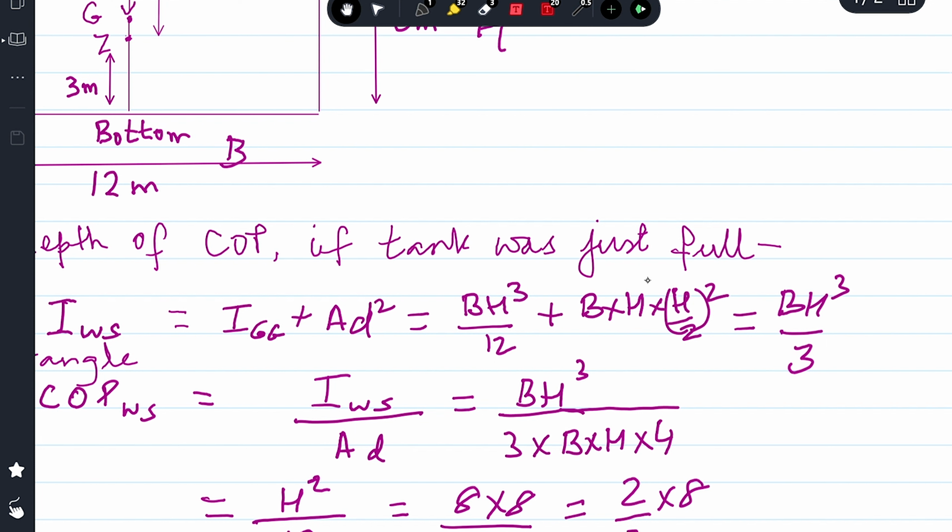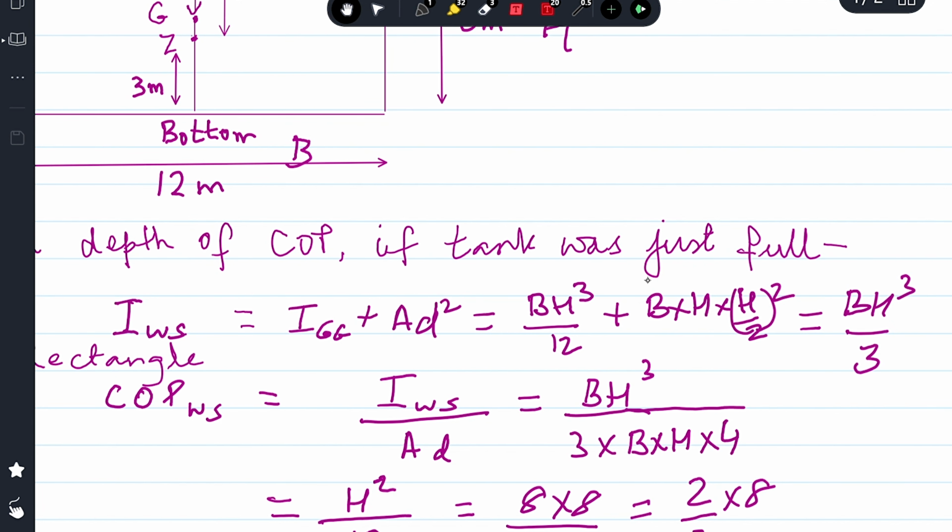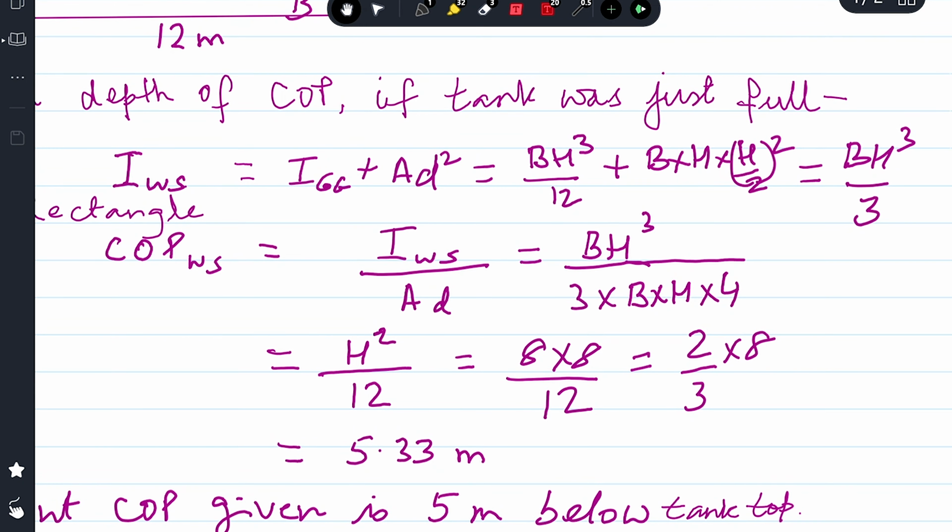So this is the moment of inertia about the water surface, WS, assuming that the water surface is at the tank top level. So what will be the center of pressure in this case? The depth of center of pressure from water surface, COP from water surface. The formula is moment of inertia about water surface, water level, upon immersed area into d.